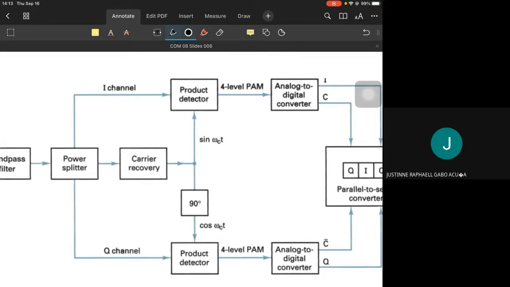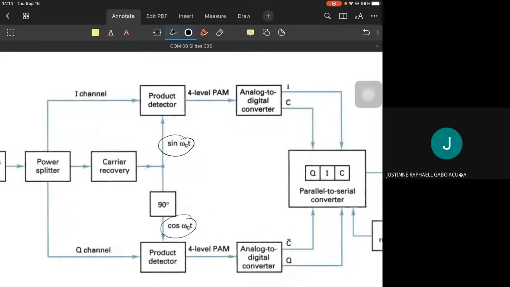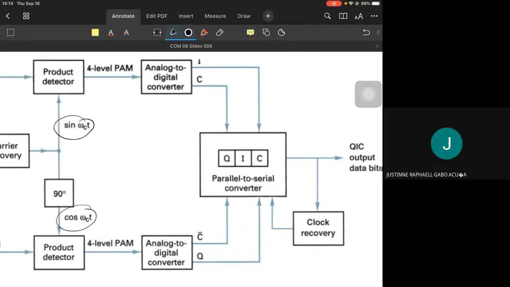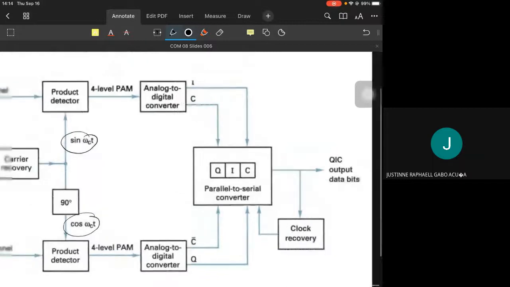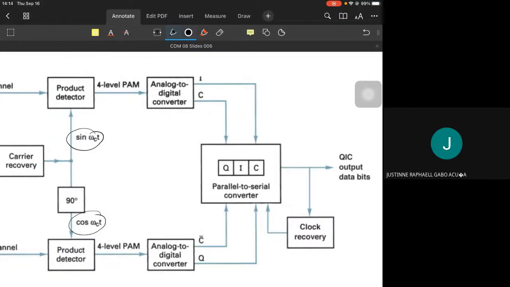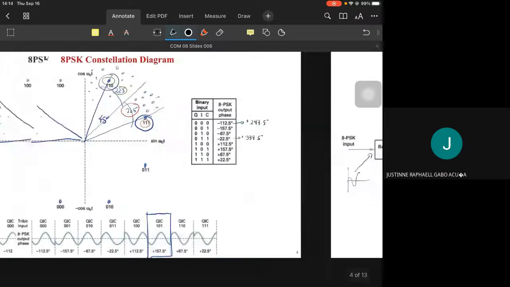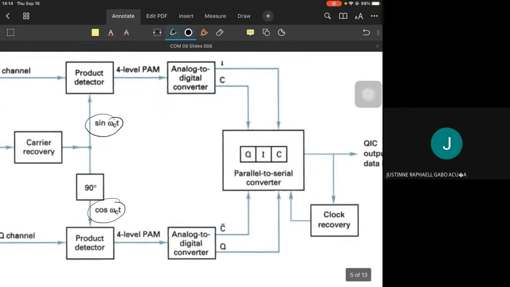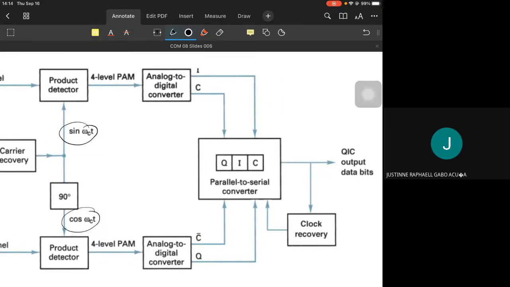We multiply it by the carrier again to extract the DC voltage level. Upon reaching the filter, which filter is here? So upon reaching the converter, the sine and cosine components are filtered out such that the output of the analog to digital converter will just be ones and zeros.